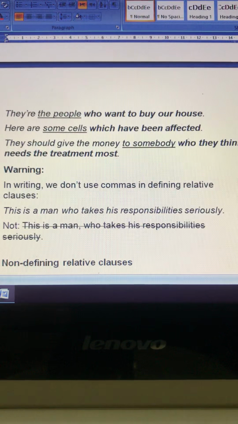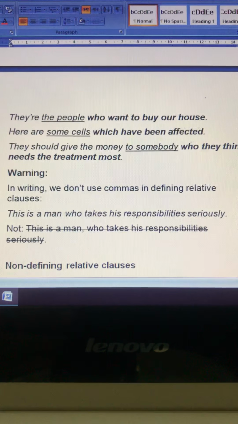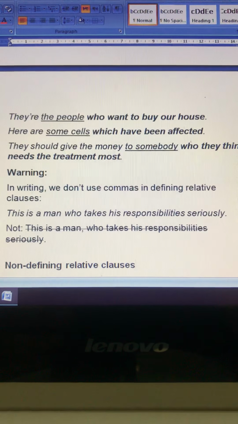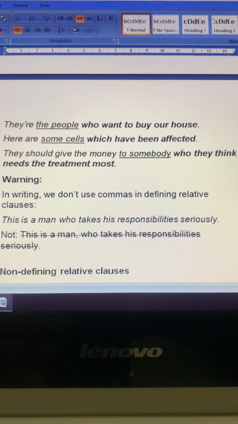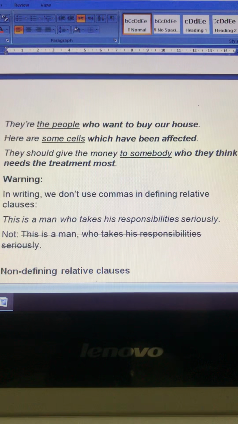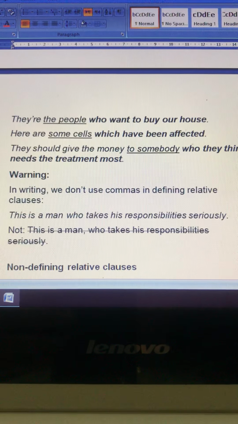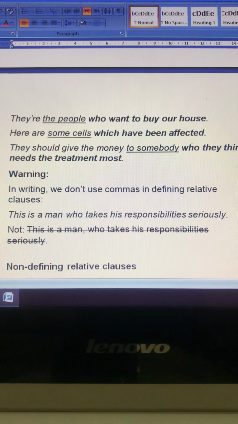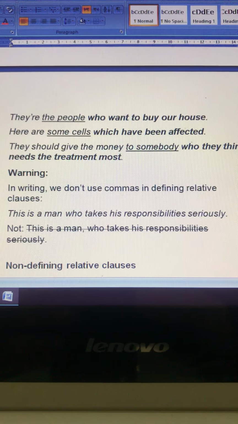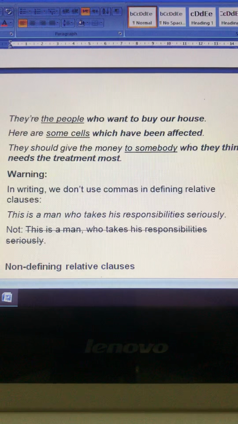In writing, we don't use commas in a defining relative clause. This is the most important thing, which can be an indicator for you to understand that this is a defining relative clause. For example, this is a man who takes his responsibilities seriously.